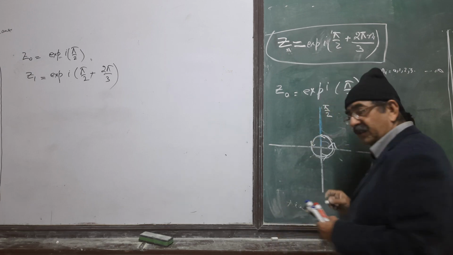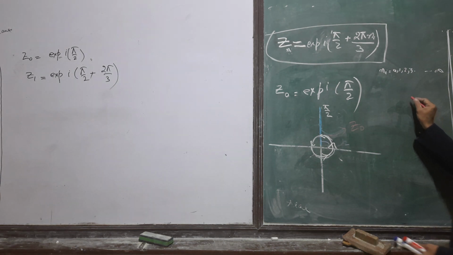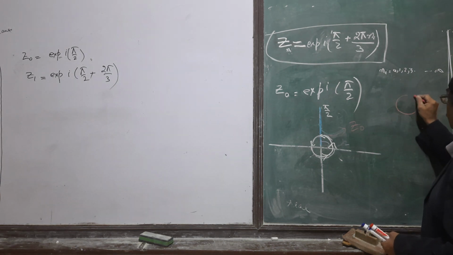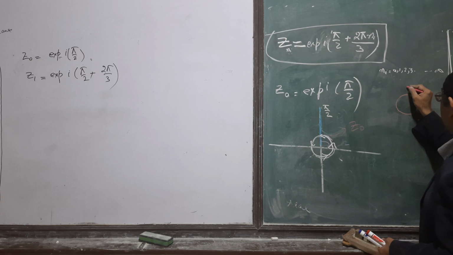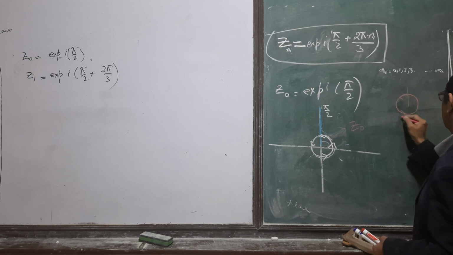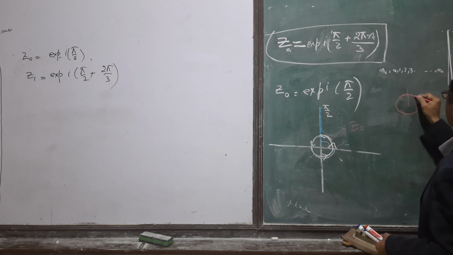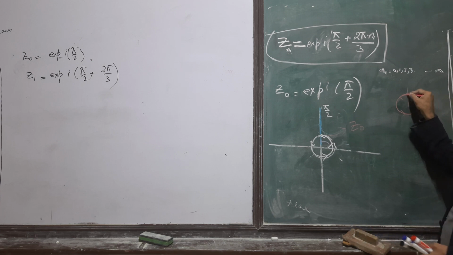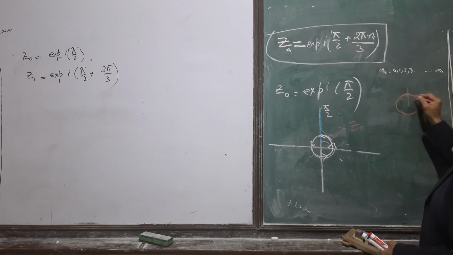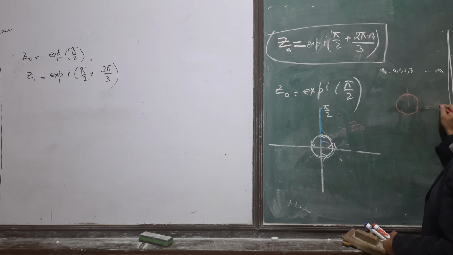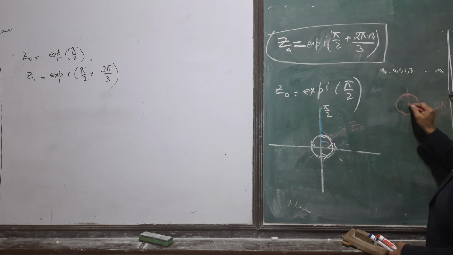If we consider anti-clockwise rotation, when you come back again the circle will be equal to 2 pi.